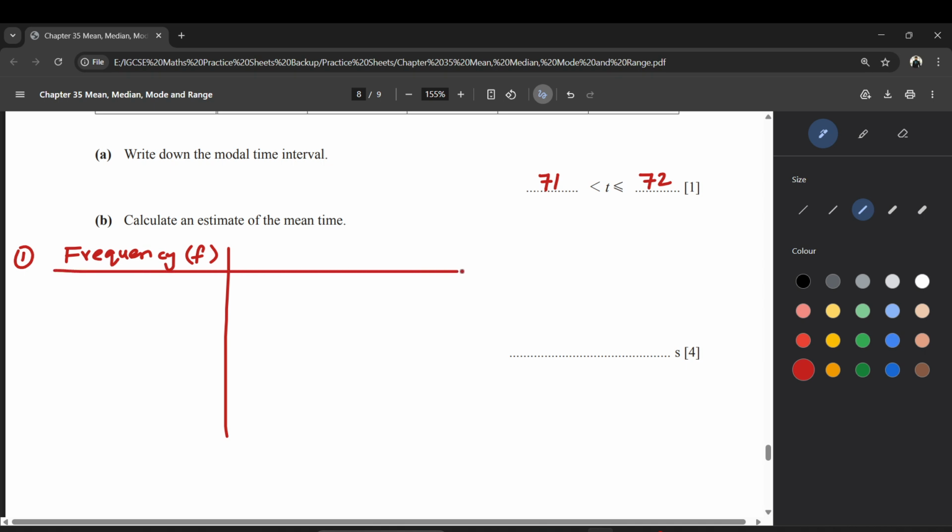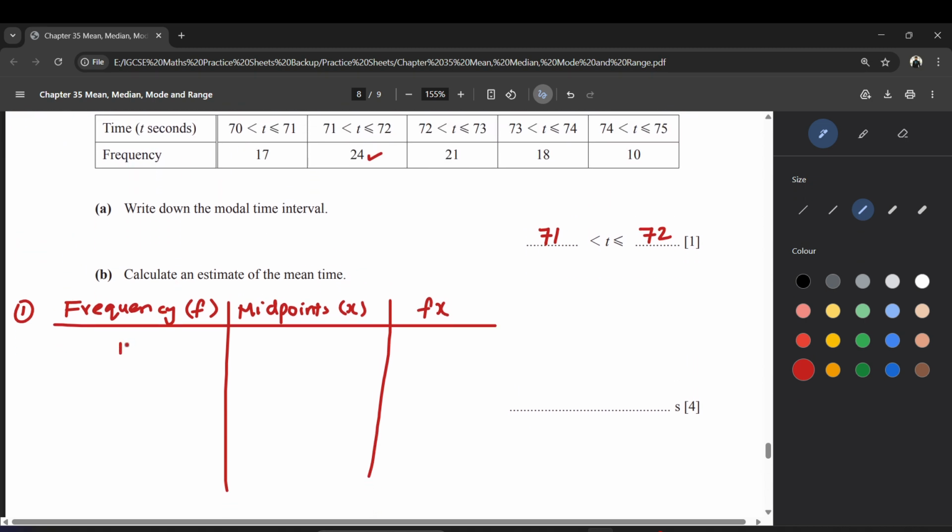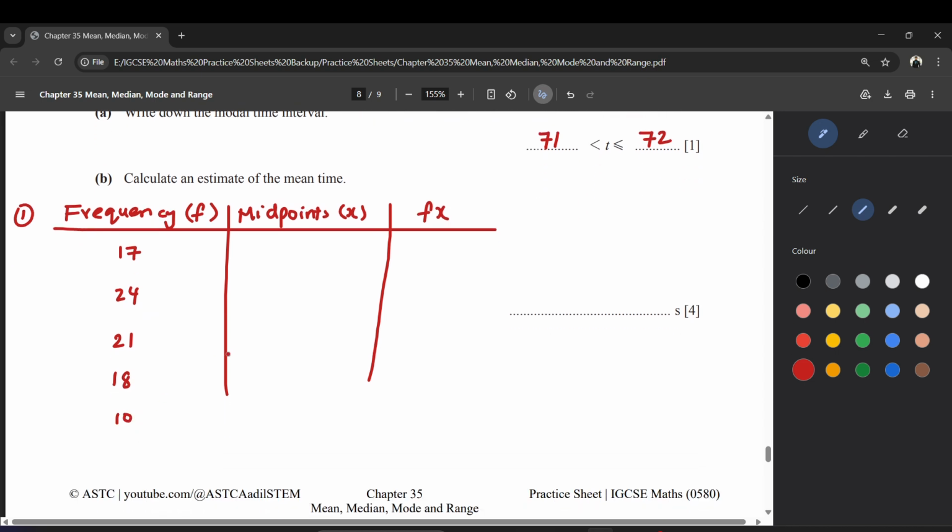Then the second column is going to be of midpoint, represented by x. And then we have fx, right? So the frequency is 17, 24, 21, 18, and 10.